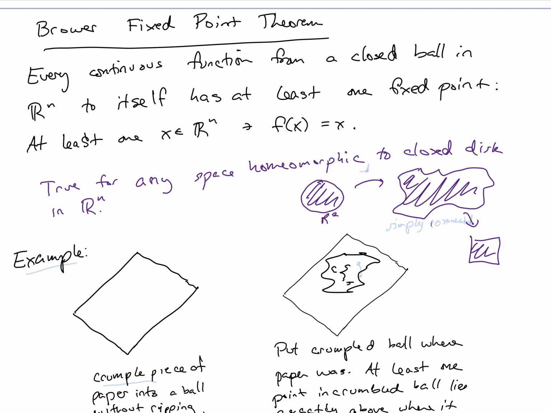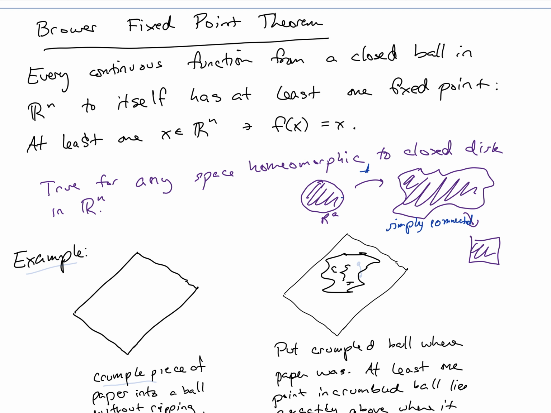So if we're thinking about R^2 and the standard closed disk, that's also homeomorphic to whatever simply connected subspace of R^2 we have. So it's connected and it has no holes. It could be the closed disk, could be some weird shape that's filled in with no holes, could be a square that's filled in, whatever.